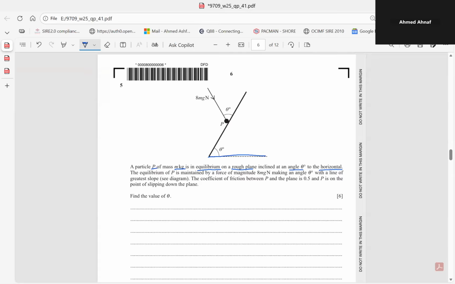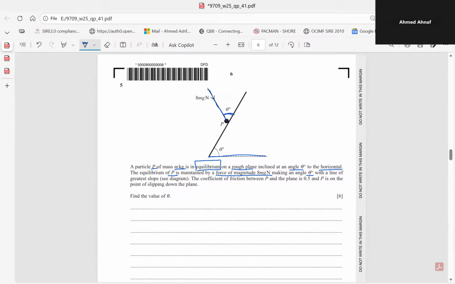The equilibrium, so this is the keyword, of P is maintained by a force of magnitude 8mg Newtons, making an angle theta with the line of greatest slope. Yeah, so it's also given in the diagram. So this is the force that they're talking about, and this is the angle that it is acting at relative to the greatest slope.